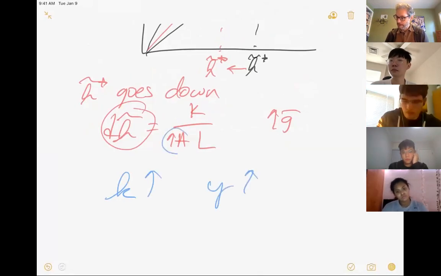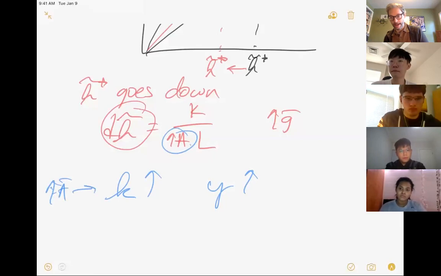Because remember, when A goes up, that reduces K tilde, but it increases K and Y. So an increase in A increases the capital to labor ratio, it increases per capita output, but it actually reduces K tilde. And so that's counterintuitive, right? So that's why you asked a good question. It doesn't seem to make sense until you think about what's really happening here.